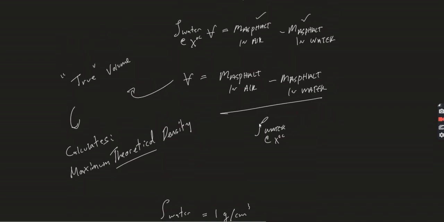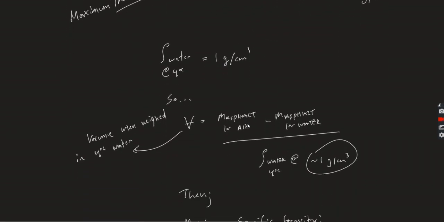So when you divide by the density of water at, say, 25 degrees Celsius, which is the ASTM standard, I think, could be wrong, something around there, you get this volume, and then if you divide the mass in air by it, that'll be the density of the substance, basically.